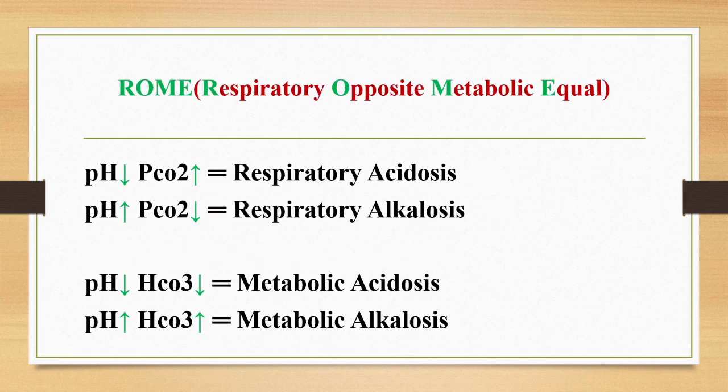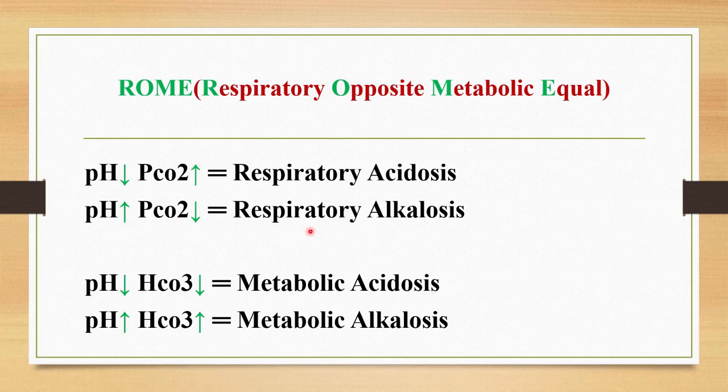So let me put this in an easier way. You have to remember this mnemonic, ROME: Respiratory opposite and metabolic equal. Just to compare these arrow marks, as I explained, in respiratory acidosis, pH is less and PCO2 will be high.